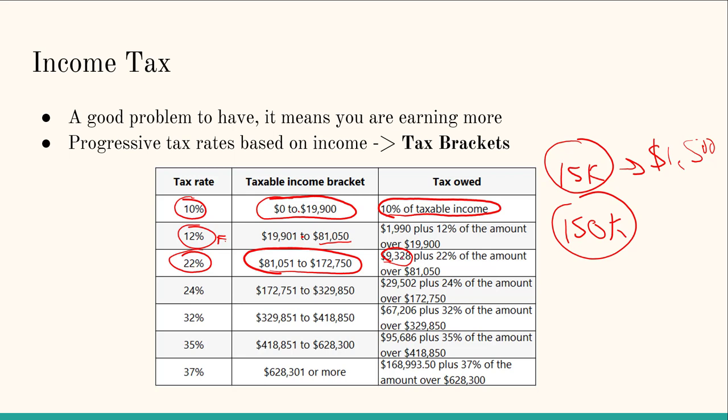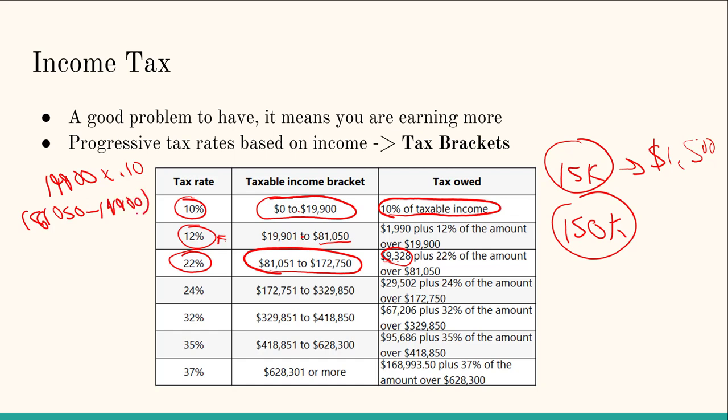So it's telling us, so we add this 9,328, which is basically 19,900 times 0.10, which is here, and then it is 81,050 minus 19,900.